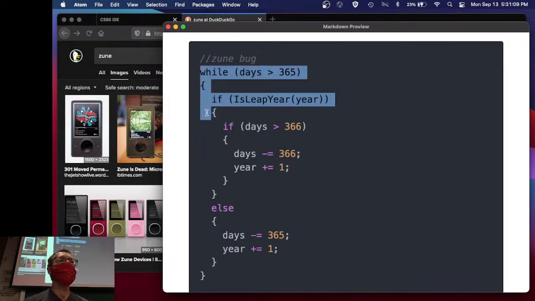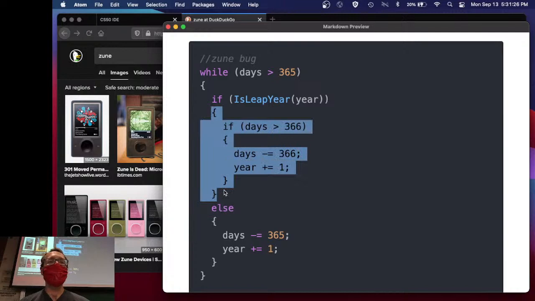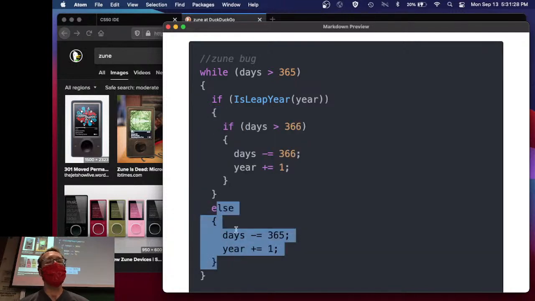So this while loop started executing. It had not executed at all for the last 2-3 years, however many years the Zune was out, because nothing had been a leap year up to that point. Well, is leap year is true, right? 2008 was true. So this if statement will execute. This else statement will not execute.